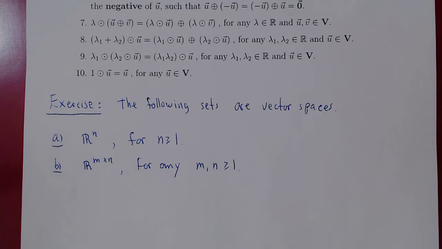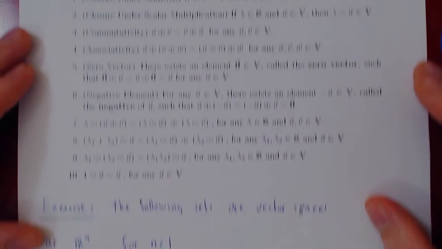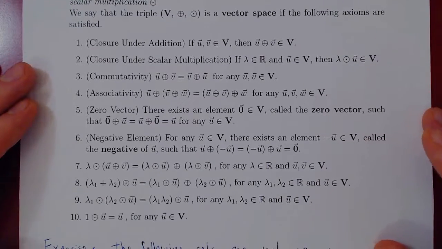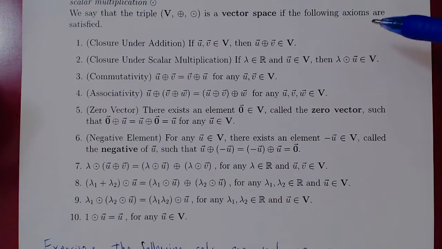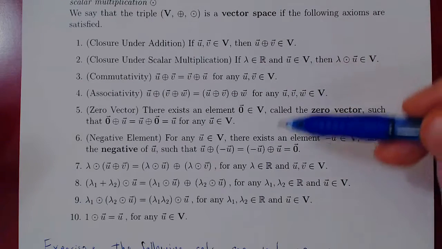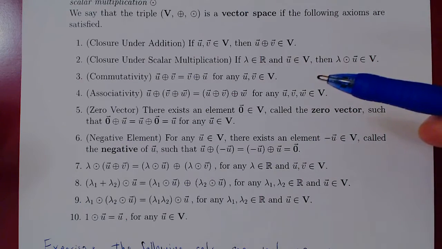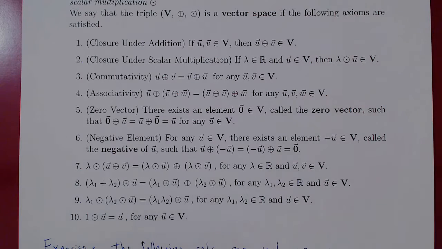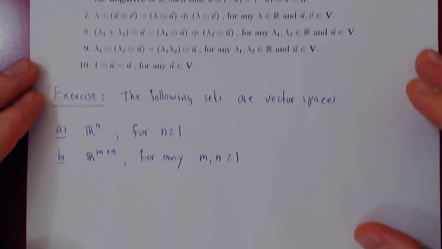So even though on the surface the elements don't look like vectors, you can still think of them as actual vectors. What else? Well, if you consider the space of all functions on the real line, these 10 axioms are also all true. So you can think of the space of all functions as a vector space, as a space of vectors.